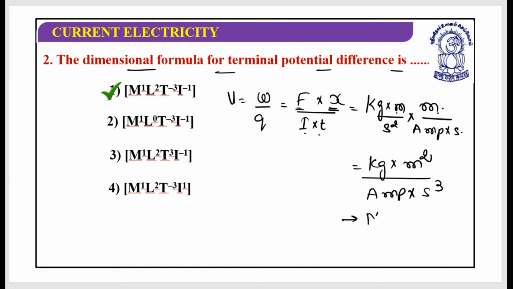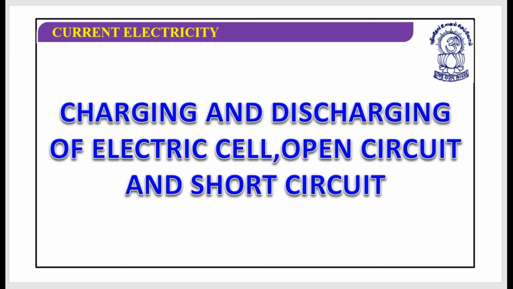So this is equal to M1 L2 T minus 3 A to the power minus 1. This is the answer. I hope you got this. Are you sure? Great. So now let's look at the charging and discharging of an electric cell, open circuit and short circuit.